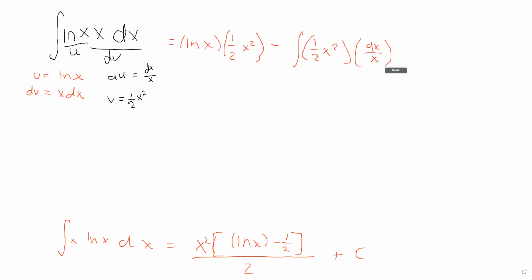Do I still need a dx though? Where is the dx on the second term? I mean in the integral, this one right here. So this is the integral of uv minus the integral of v times du. So the integral comes only from the du. If du wasn't here, you wouldn't have the differential. So you definitely do need that there.